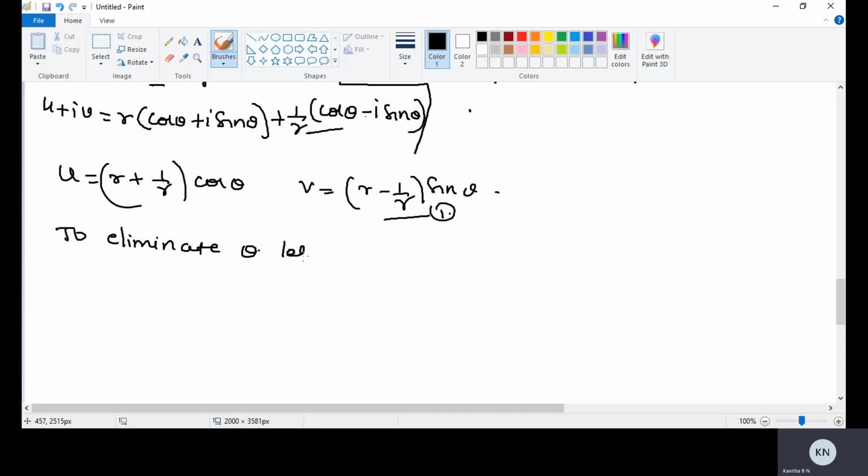Okay, let us put 1 in the form, U, R plus 1 by R shifted to denominator.